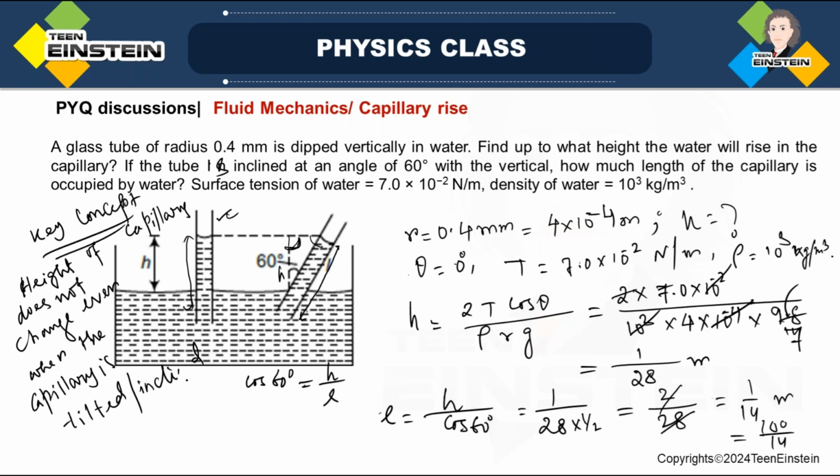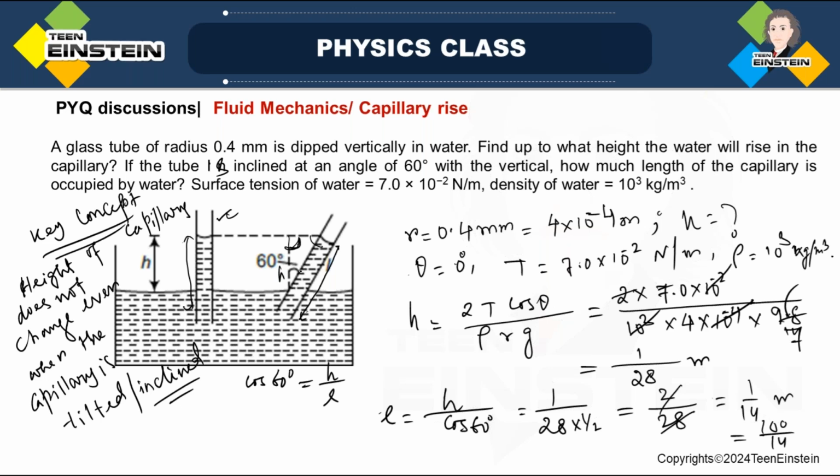The length of the tube above the water is going to be less in that case, so the length of the liquid inside the capillary will be more.